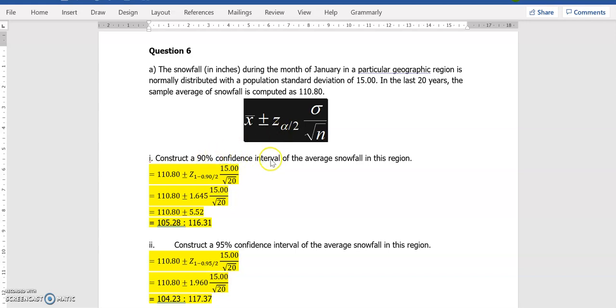Since our confidence interval in this question equals 90% or 0.9, our significance level is equal to 1 minus 0.90. So the significance level is equal to 10% divided by 2. Remember, the reason why we divide it by 2 is because we have 2 critical values in the interval estimate. One to the left, another one to the right.